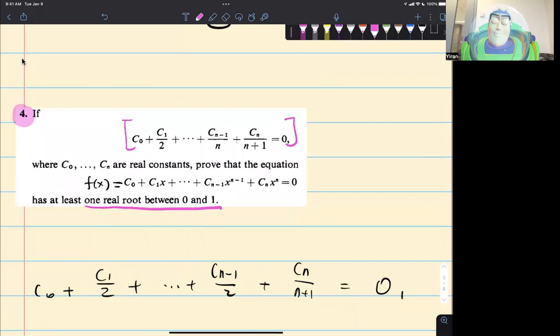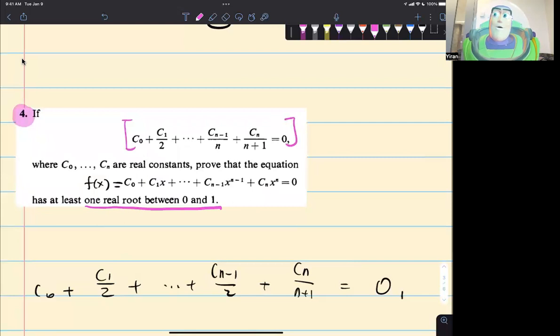Okay, and how do we prove that? If we want to prove that f(x) equals 0 has at least one solution between 0 and 1, what do we want to use? I don't remember, but I feel like I used Taylor's theorem there.